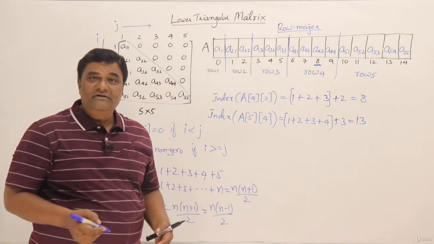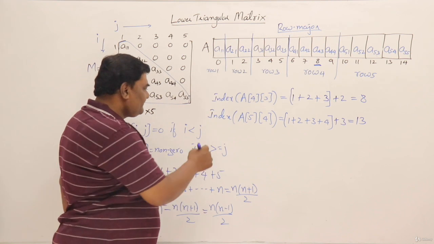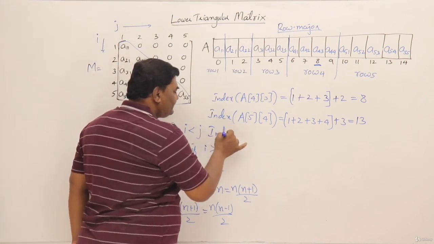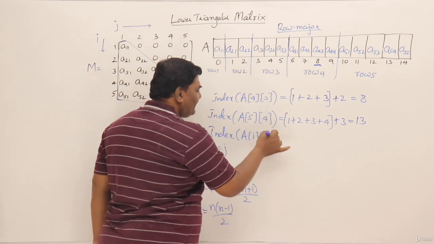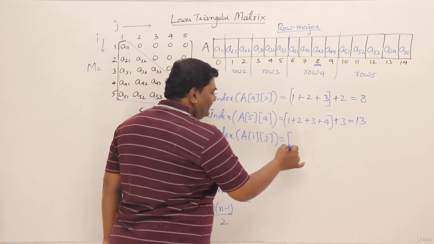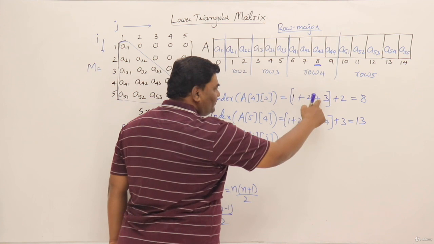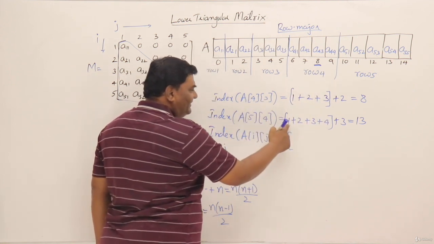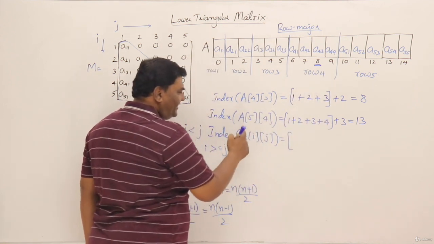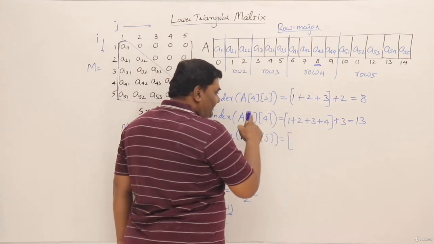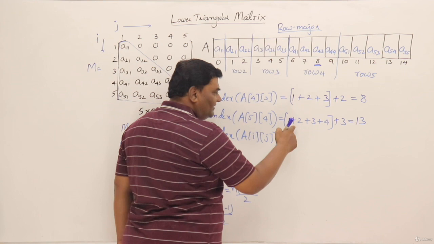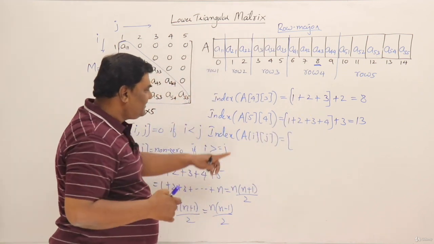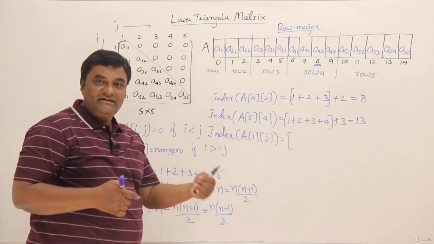So what is the formula for any I, j? For any index A of I, j, the formula should be, see, this is adding 1 plus 2 plus 3 because it is the 4th row. This is adding 1 plus 2 plus 3 plus 4 because this is the 5th row. So for 5 it is 5 into 5 minus 1 by 2, that is the sum of n natural numbers less than 5, 1 less than 5.